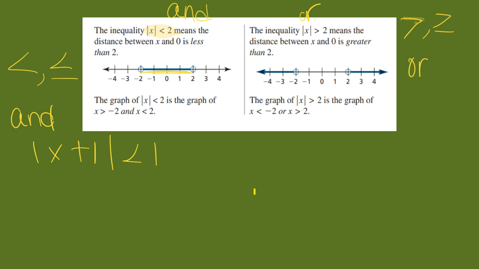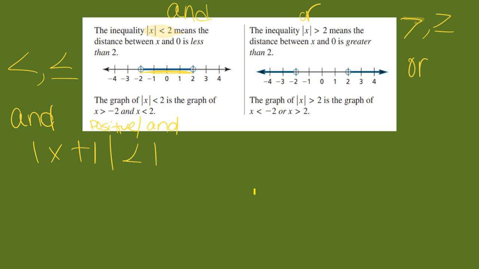The one on the right-hand side, not the one inside the absolute value. We need to first identify that my answer is positive. And on top of it being positive, am I going to have an "and" or an "or"?